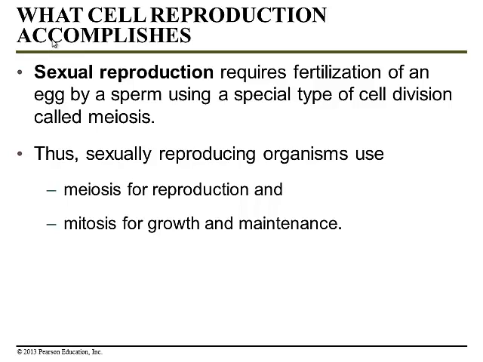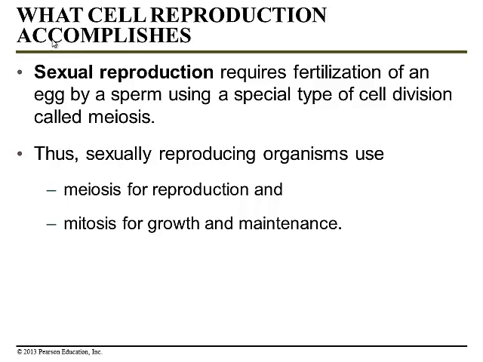So, sexually reproducing organisms use a process called meiosis to make those cells. So there's half the genetic material in a reproductive cell than there is in a regular cell. The two terms we use are somatic cells, those are our body cells, and reproductive cells are called gametes.